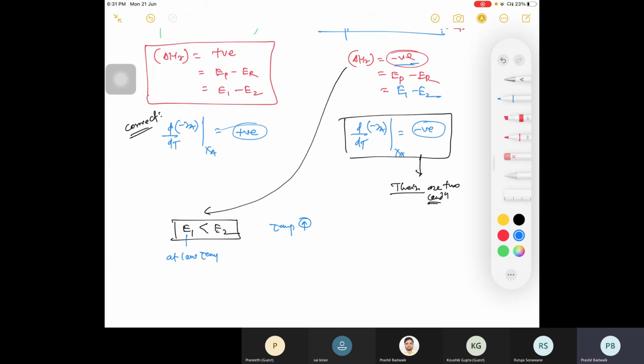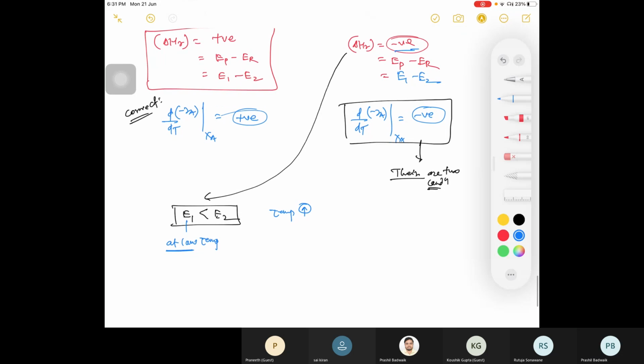I told you in yesterday's class also, and in today's class, that at higher temperatures E2 is favorable, meaning R2. R2 is favorable as compared to your R1. But at lower temperature it is opposite.